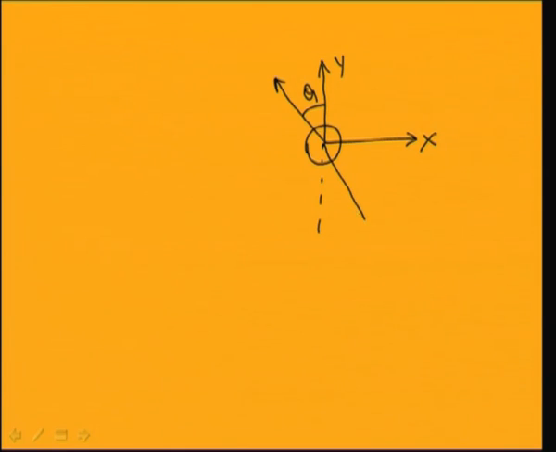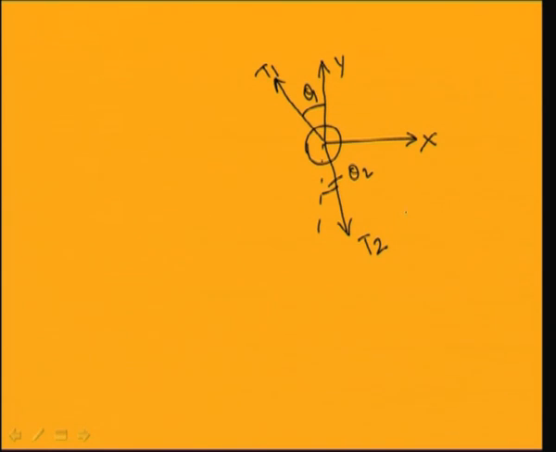This is tension T1, and this is tension T2. So T2 makes an angle theta 2 with the vertical, and T1 makes an angle theta 1 with the vertical.